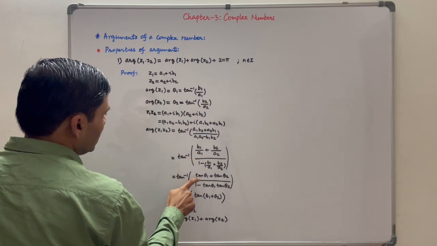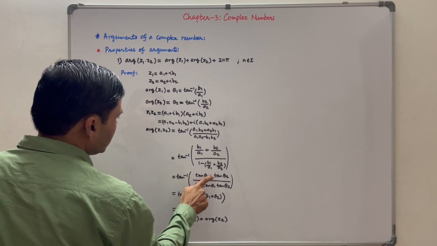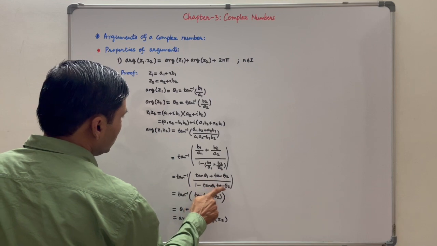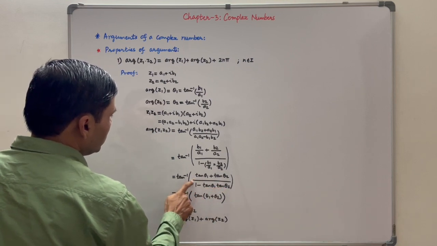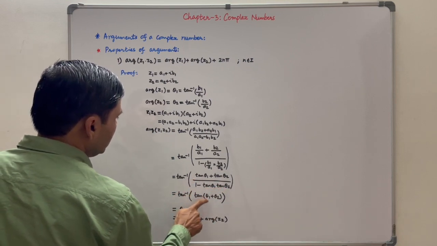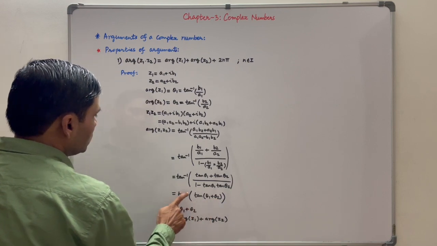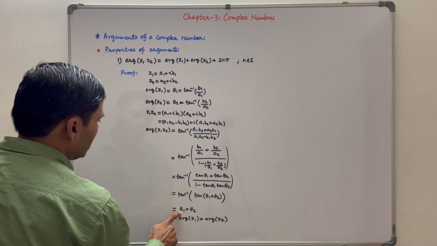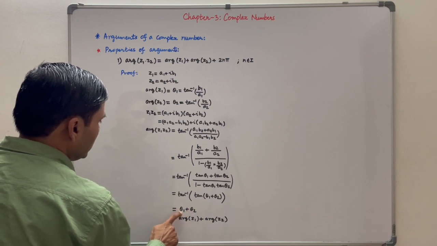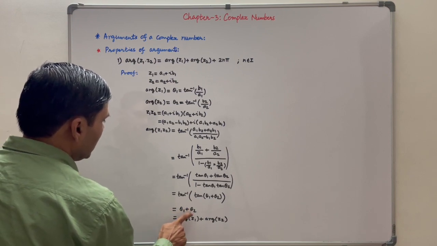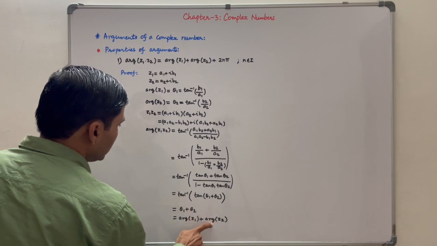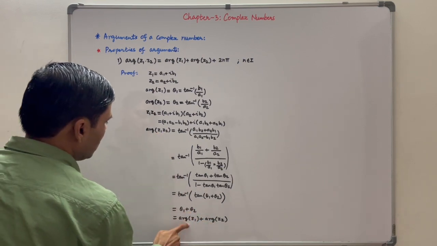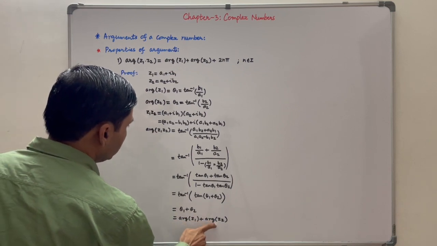So this can be written as (tan theta 1 plus tan theta 2) upon (1 minus tan theta 1 into tan theta 2). We know this is the expansion of tan of (theta 1 plus theta 2). So tan inverse tan (theta 1 plus theta 2) is equal to theta 1 plus theta 2. Theta 1 is the argument of z1 and theta 2 is argument of z2. So we can say argument of z1 z2 is equal to argument of z1 plus argument of z2.